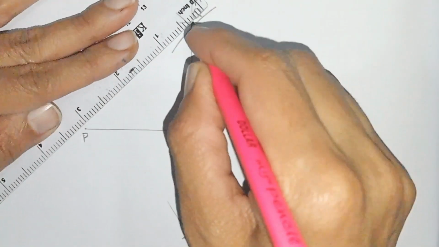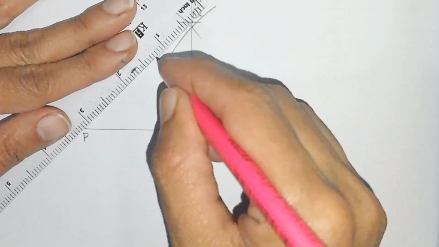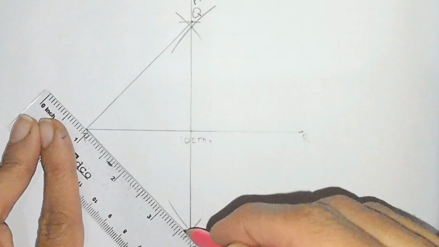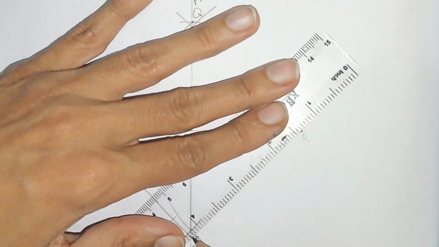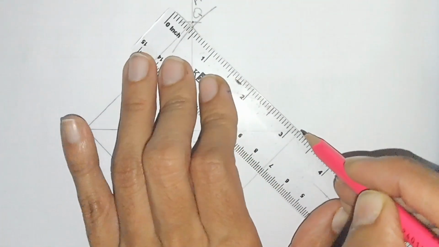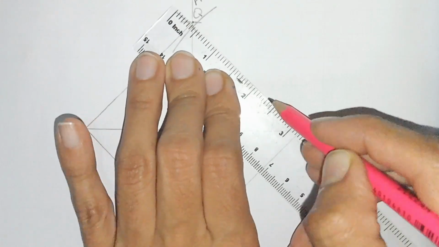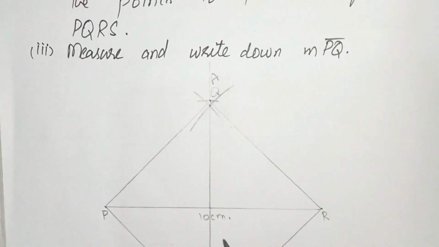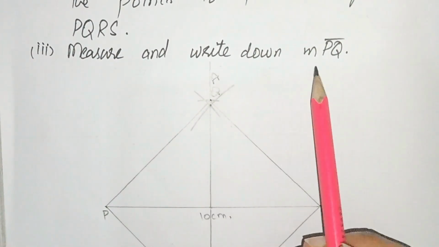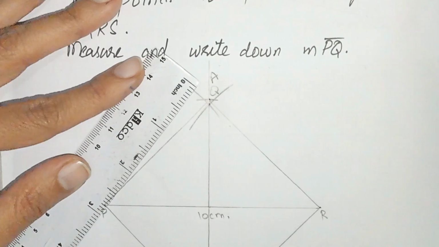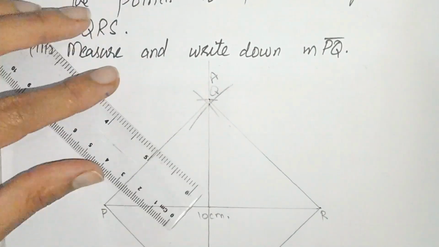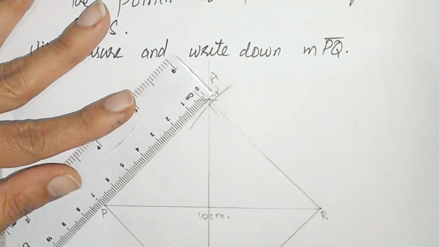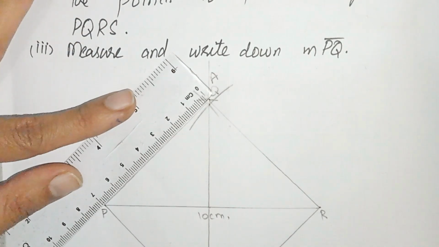We join Q with P, P with S, S with R, and R with Q. And now students, this is our square. And in part number 3, measure and write down the PQ. We have to measure that line. And this is PQ is equal to 7 centimeter.